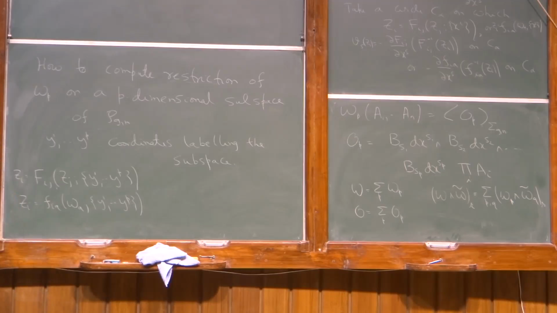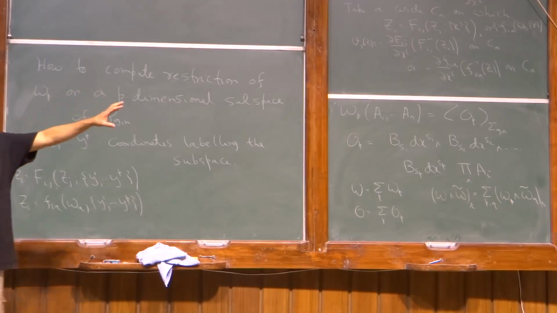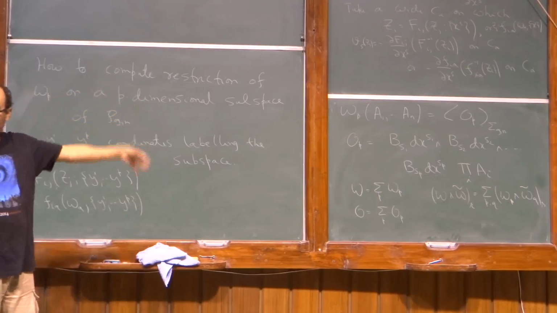Now you have a finite number of parameters, and you have to define omega p on this subspace. The earlier equation that you have written to give that example was just one dimensional, or rather two dimensional, because q was a complex parameter. So I introduced one parameter q to label all the transition functions.